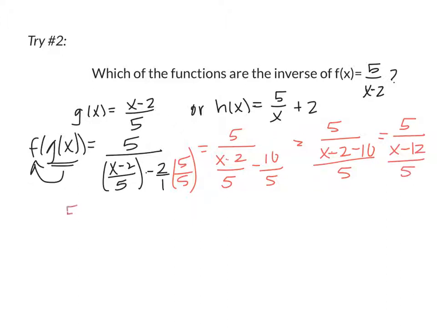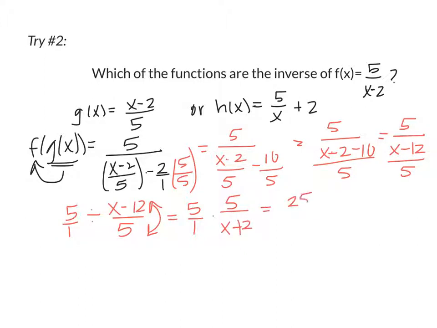This is really 5 divided by x minus 12 over 5. When you divide fractions, you multiply by the reciprocal to get 5 over 1 times 5 over x minus 12. So this gives us 25 over x minus 12. That's not x.